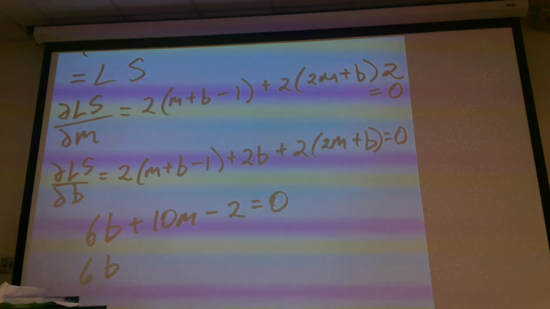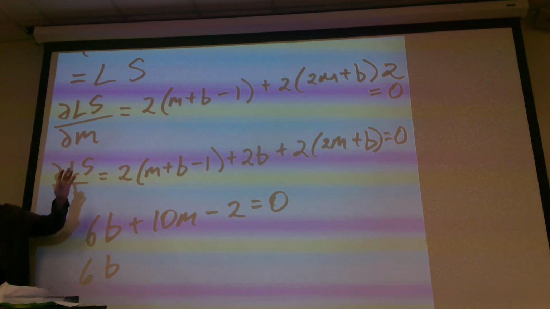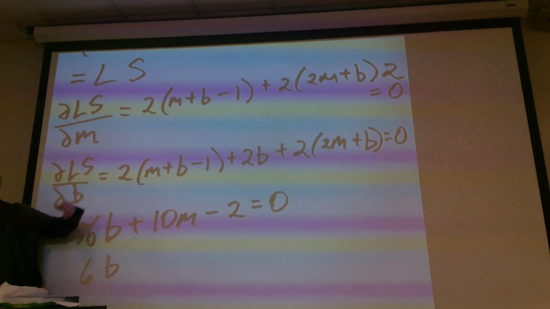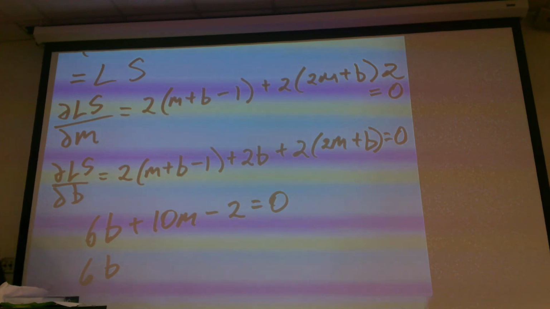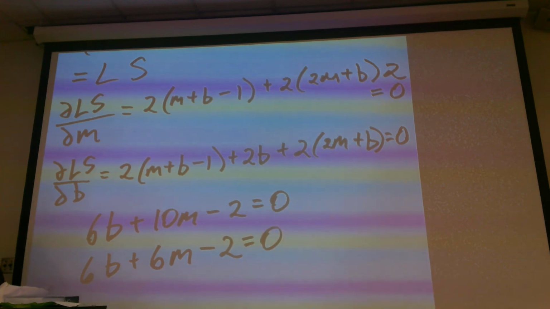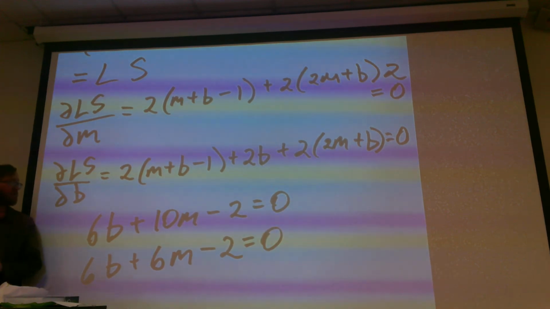Now we consider how many m's we have. 2 times 2m gives us 4m, and then 2 times m is just another 2m, so that's 6m. This is going to give us a system of equations that we're going to solve to find b and m.